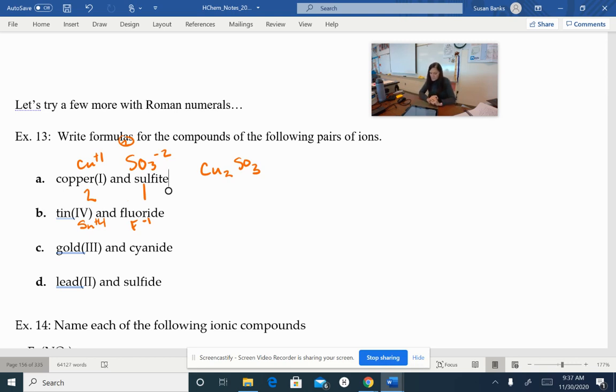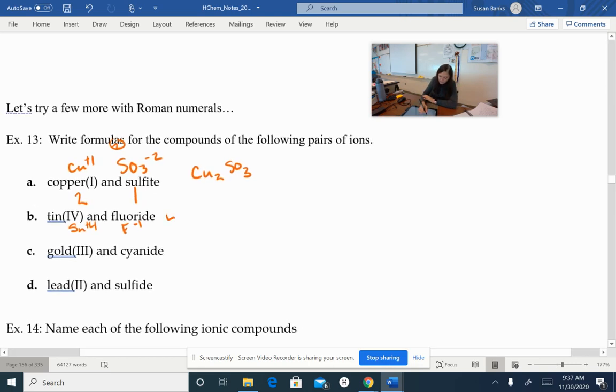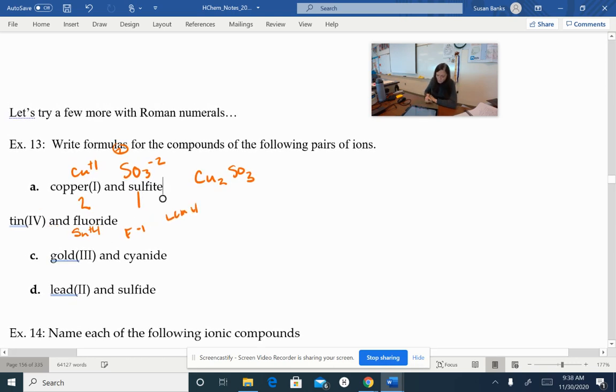So what's my least common multiple between 4 and 1? Hopefully you said 4, right? My least common multiple is 4. Okay, so that means I need 1 tin to get to a +4, and I'm going to need 4 fluorines to get to a -4. So tin 4 fluoride would be SnF4.